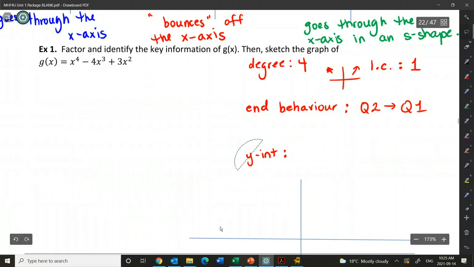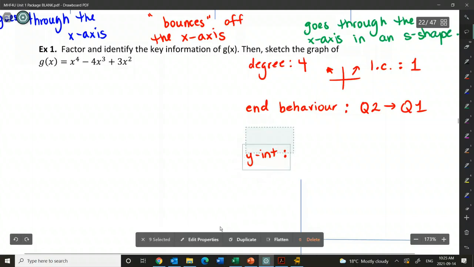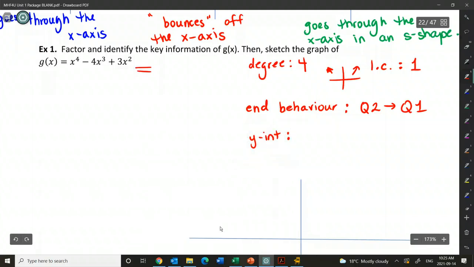And the Y-intercept, I can find pretty quickly in standard form by simply looking at the constant value. And because there's no constant that's visible here, what does that tell me about the Y-intercept? Must be 0. So the graph must have a Y-intercept at 0, 0.